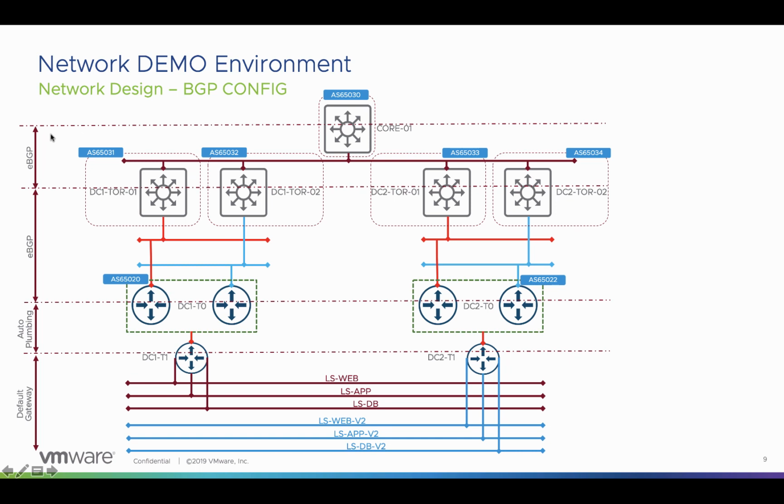Here I'm using eBGP between the top of rack switches and the core, and eBGP between my tier 0 and my top of rack switches. There is auto plumbing between the tier 1 and the tier 0, and the rest of the logical switches use the default gateway towards the tier 1.